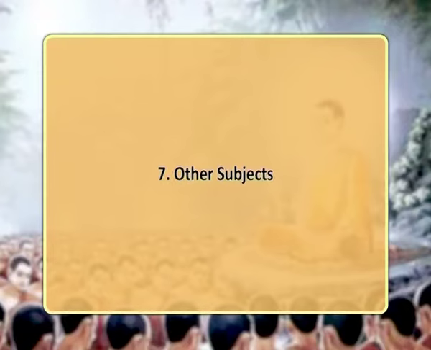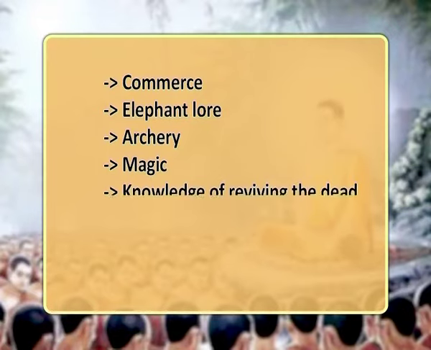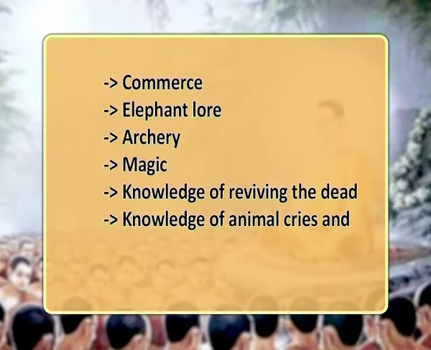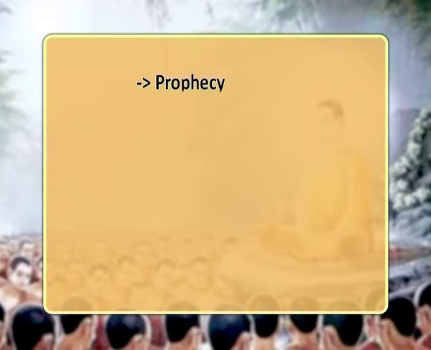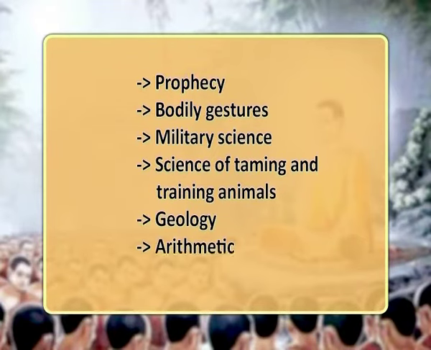The seventh category is the other subjects like commerce, elephant lore, archery, magic, knowledge of reviving the dead, knowledge of animal cries and sounds, prophecy, bodily gestures, military science, science of taming and training animals, geology, arithmetic and religious discussions were included in the curriculum.